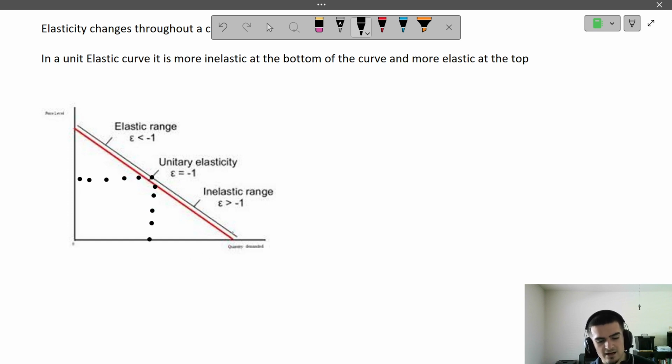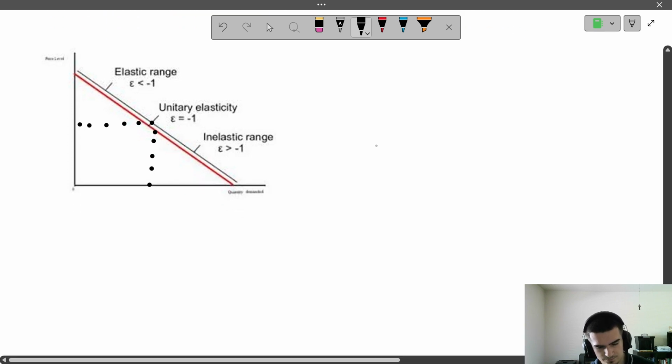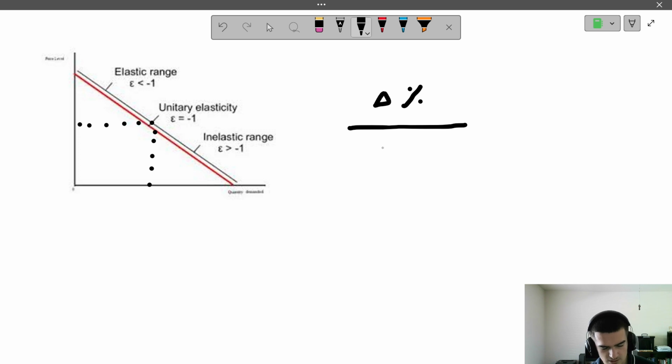But let's say we go down here. Elasticity is the percent change in quantity over the percent change in price.